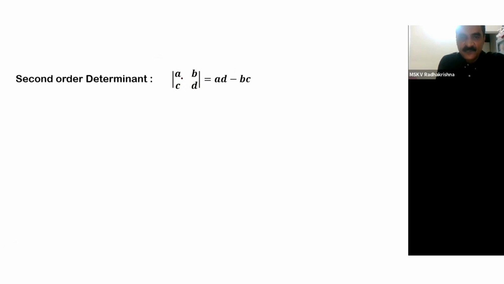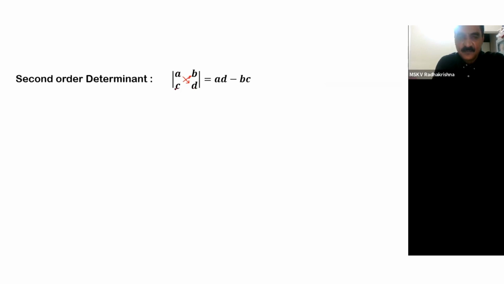Then how to calculate the value of the second order determinant? Here for second order determinant you have to take one arrow from A to D and one arrow from C to B. Then along the downward arrow, you have to multiply the numbers and take plus sign.